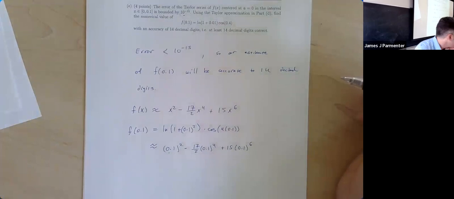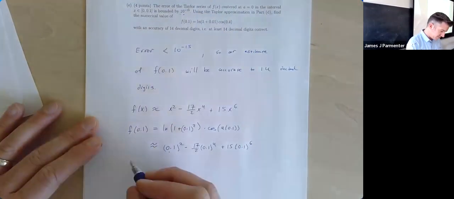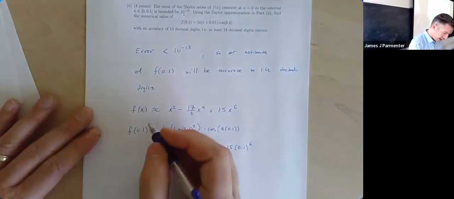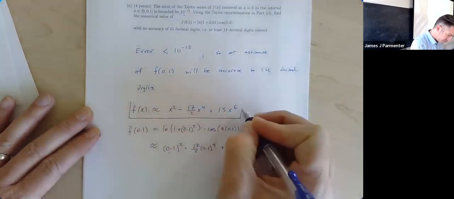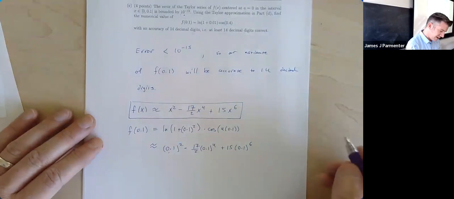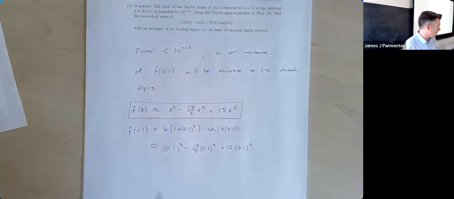Here's what I'm saying. So our approximation before, our f of x. I mean, I guess we could talk. Yeah, interesting. The way I'm reading this doesn't feel like that's what we're being asked to do.